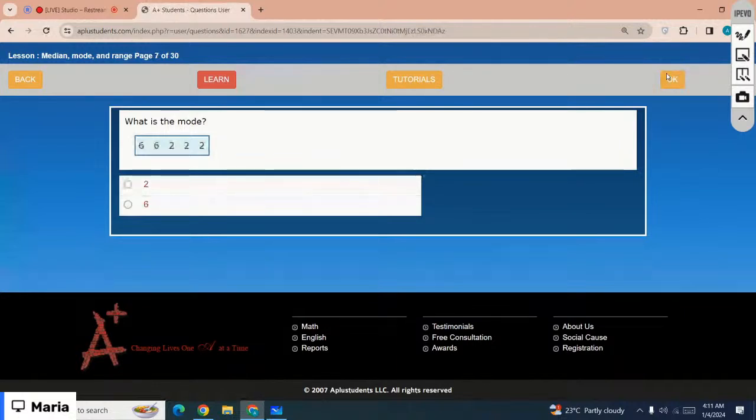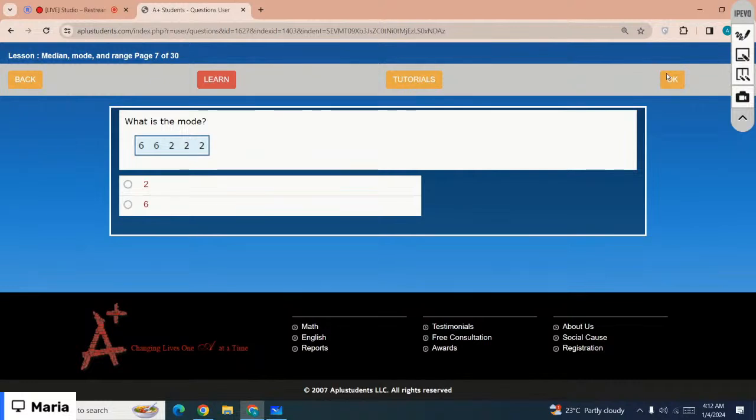What is the mod? Which is the correct option?